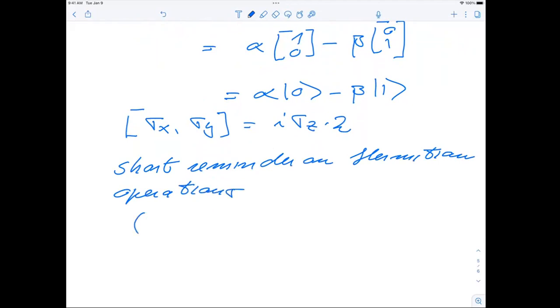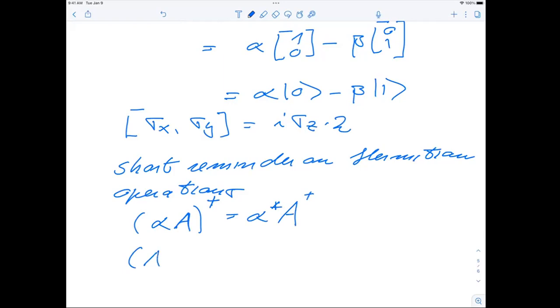So if I have a scalar alpha and multiply that with a matrix, and I take the Hermitian conjugate, this is the same as the complex conjugate of this parameter. We assume that these are parameters which are complex.